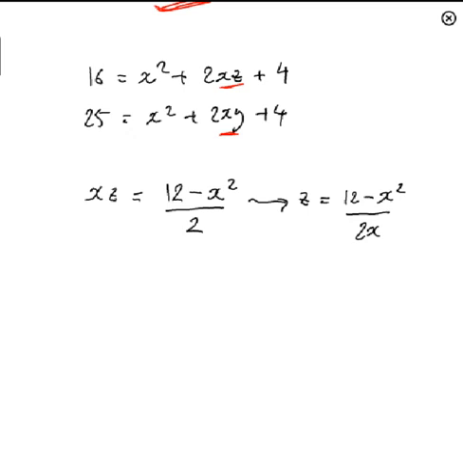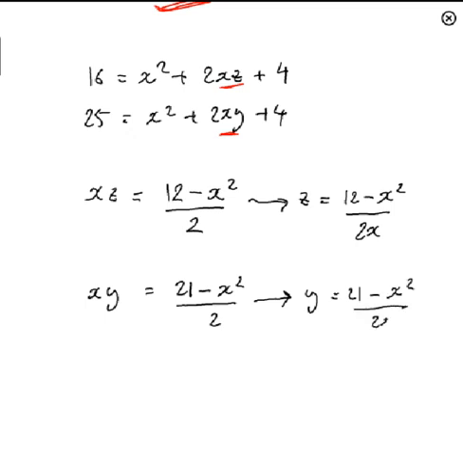That looks complicated. Doesn't matter at this moment. Same sort of thing: xy is equal to, 25 minus 4 is 21, 21 minus x squared over 2, which tells me that y is equal to 21 minus x squared over 2x.